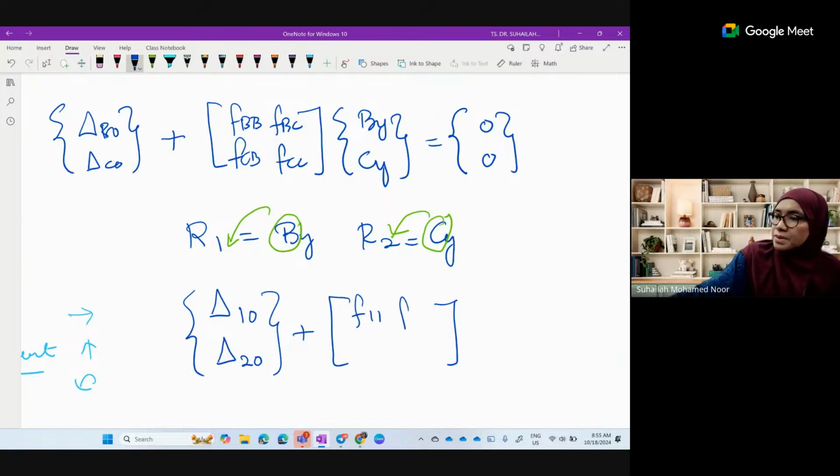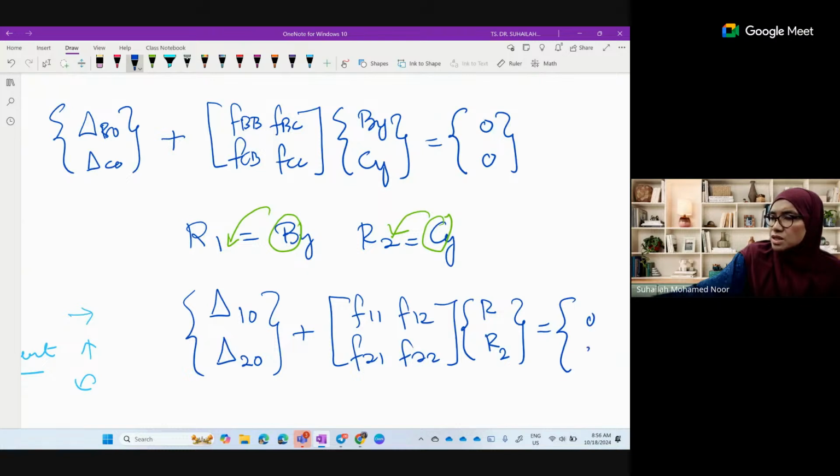Okay, F12, sebab BC 12, right? So F21, F22 times with, okay. So kat sini kalau standard adalah R1, R2 lah. Standard is R1, R2. So ini 0, 0.